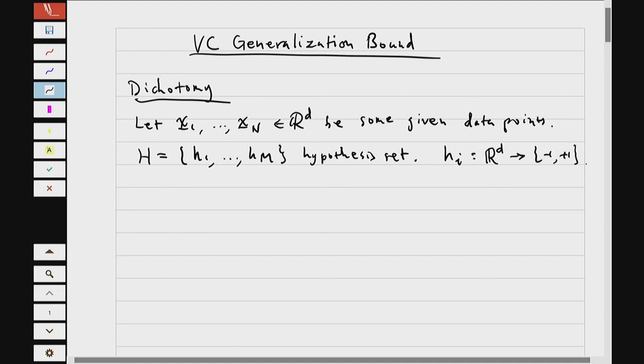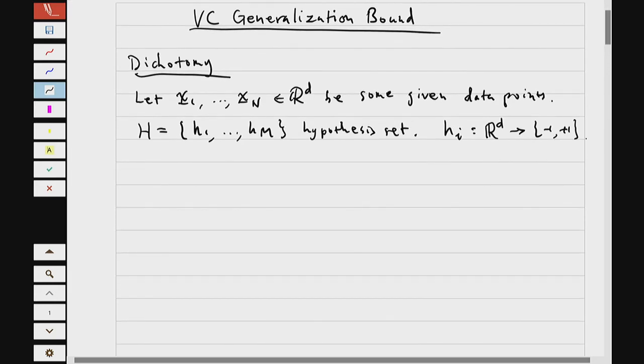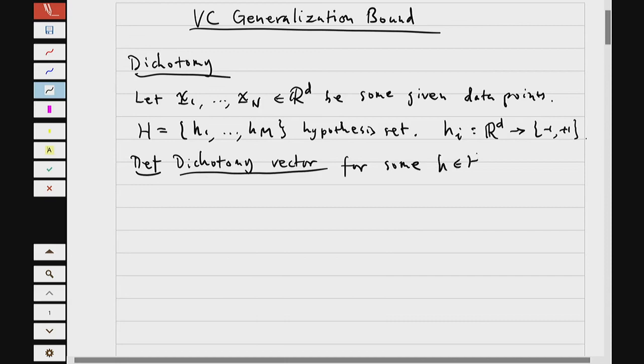So now we're really trying to study the effective number of hypotheses, despite the fact that we actually have m of them in total. We have to define what kind of plus 1 or minus 1 each hypothesis can give us. So we obtain this so-called dichotomy vector corresponding to the data points that we have, for some hypothesis in the hypothesis set.